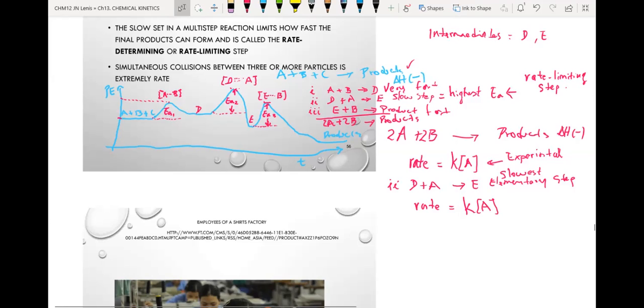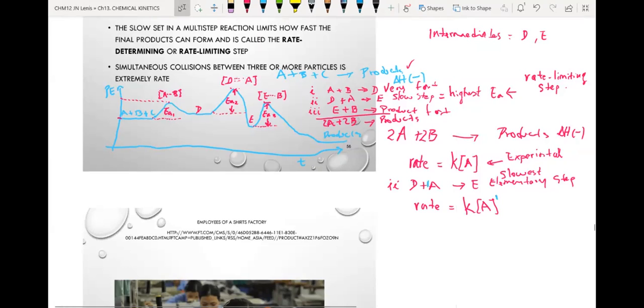And what is the order of this step? It is 1. Since this is an elementary step, and only in this case, because you have an elementary step, you can take the order of the reaction with respect to the reactant from the stoichiometric coefficient. That's the only chance you can do that.